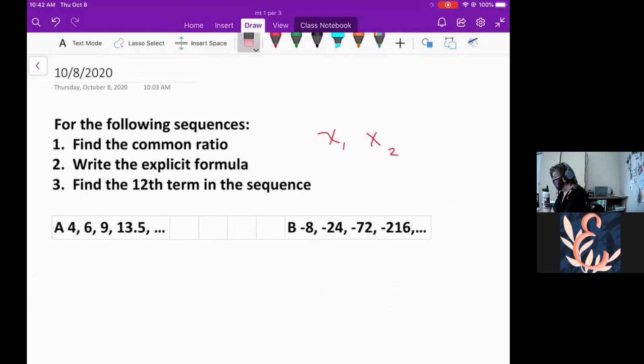We're going to use those subscripts again, but with an A. So A sub 1 means it's the first term or first number in our pattern. In that case, it's 4. Okay, does everybody follow?